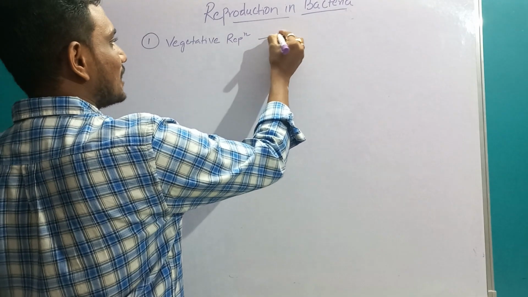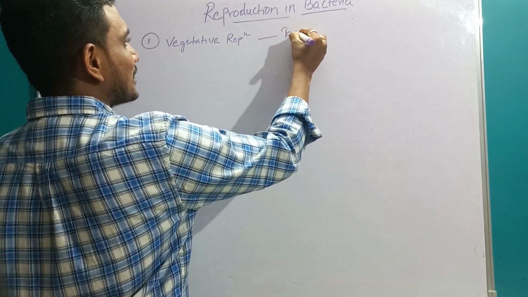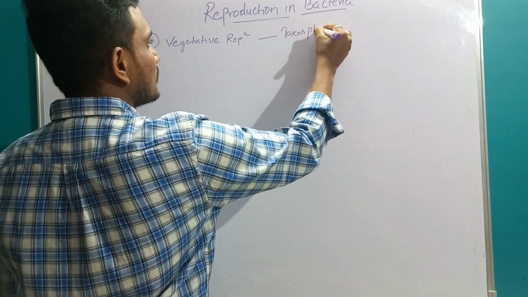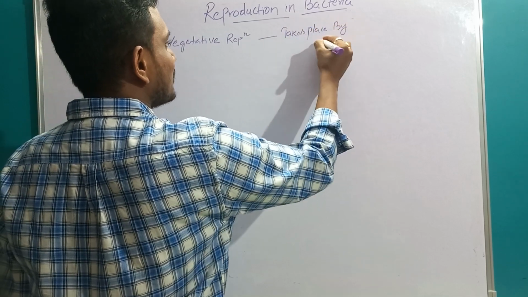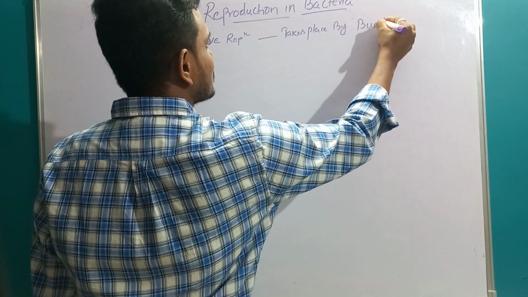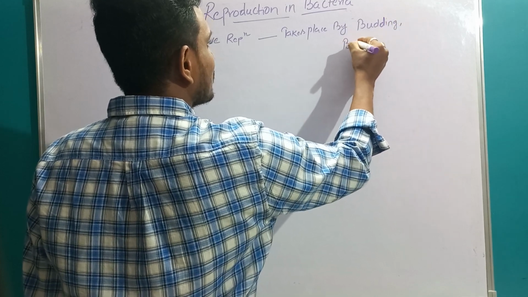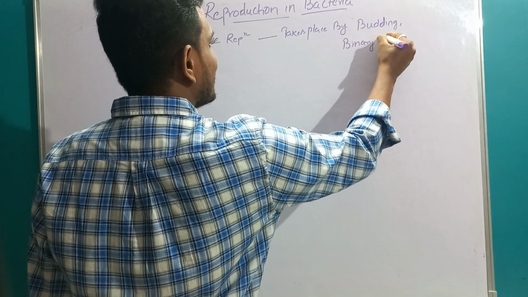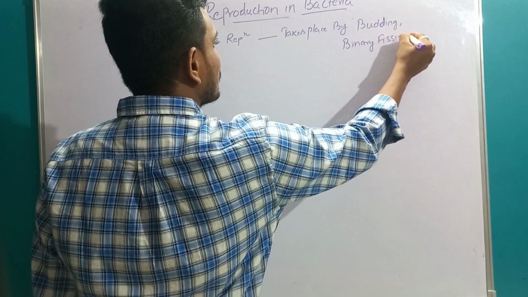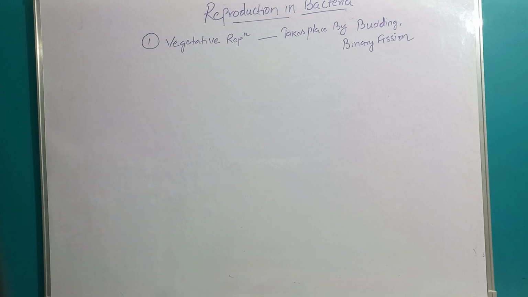Generally in bacteria, vegetative reproduction takes place by budding and by binary fission.